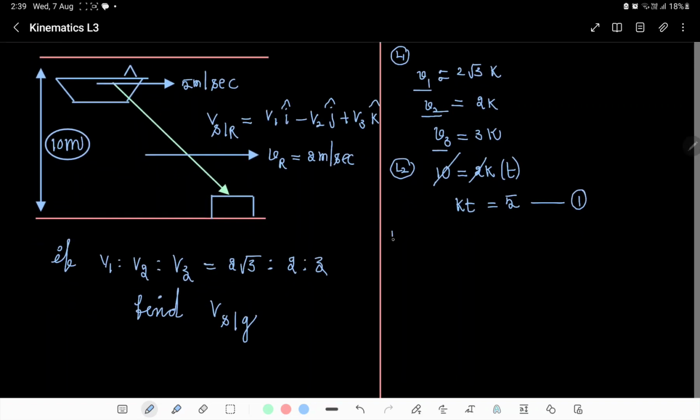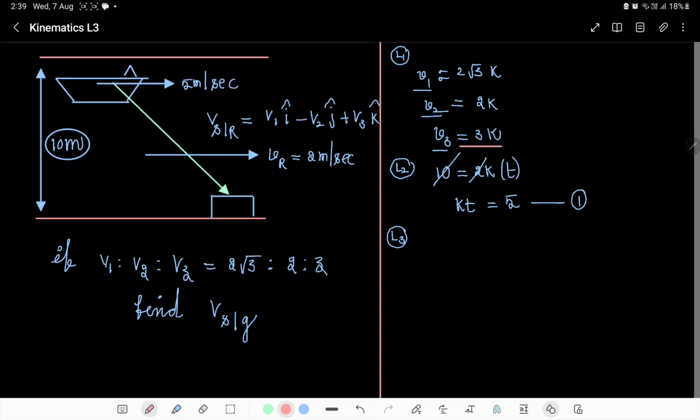And coming to logic number 3, there is still a velocity in the z direction provided, but there is no displacement along z.